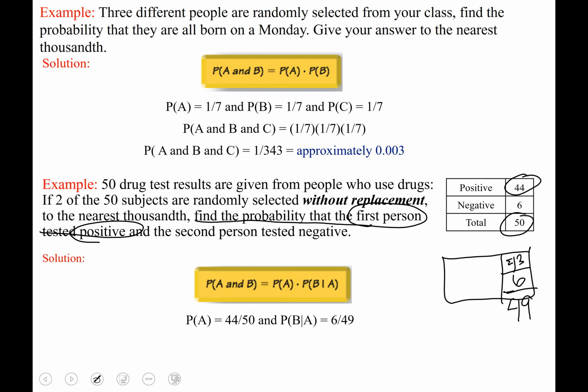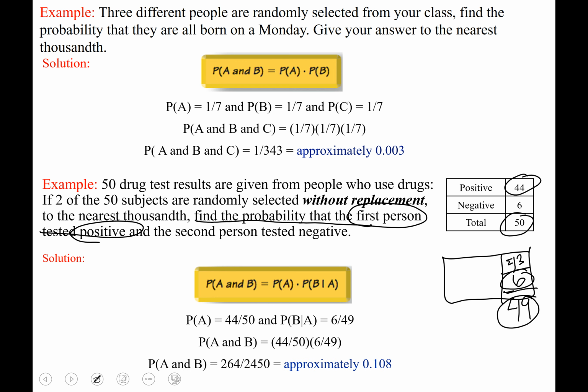That is why the probability of event B occurring, given A already occurred, is 6 out of 49. We're going to multiply those two fractions together, and that will give us 264 over 2,450, which is approximately 0.108.